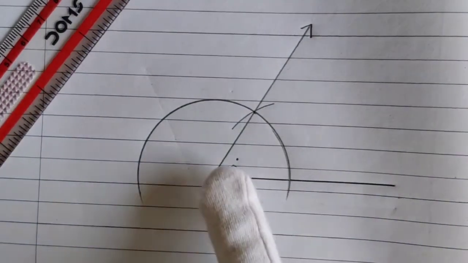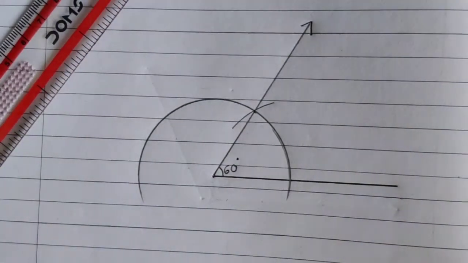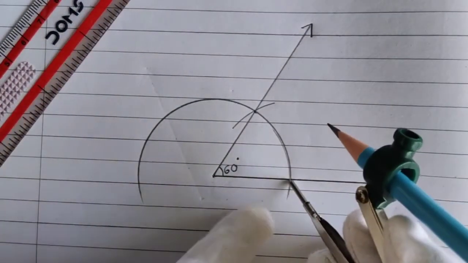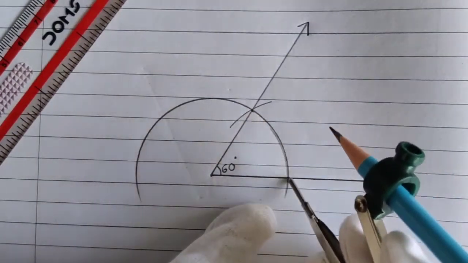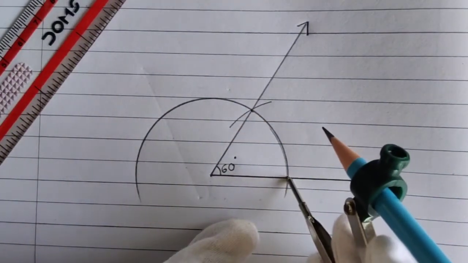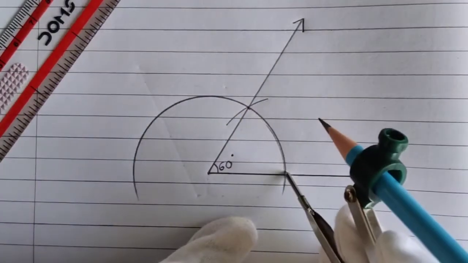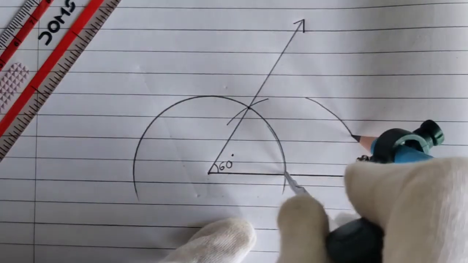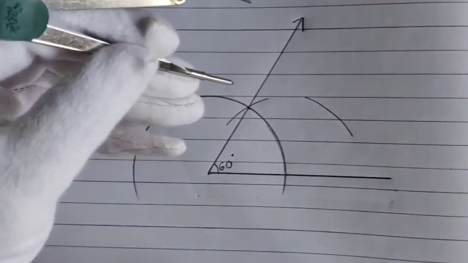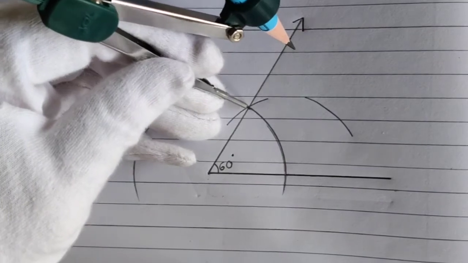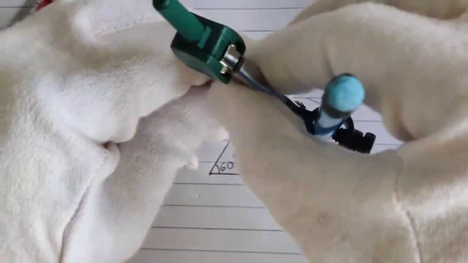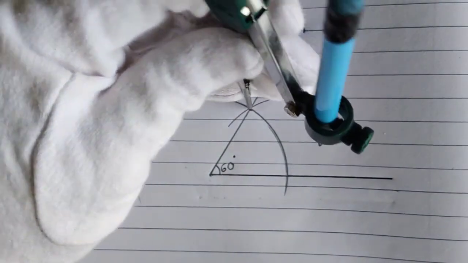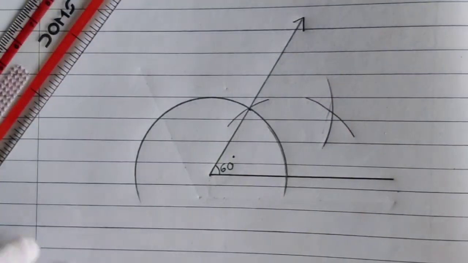Now let us draw 30, that means half of 60. How are you going to draw half of 60? Take the compass, put the needle. This angle is 60, whole, where it meets here and here. Make one arc from this end, and another from this end, and cut again.